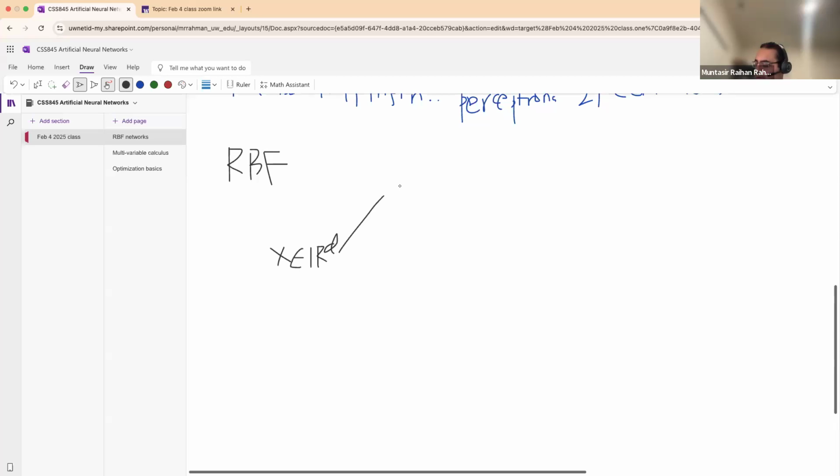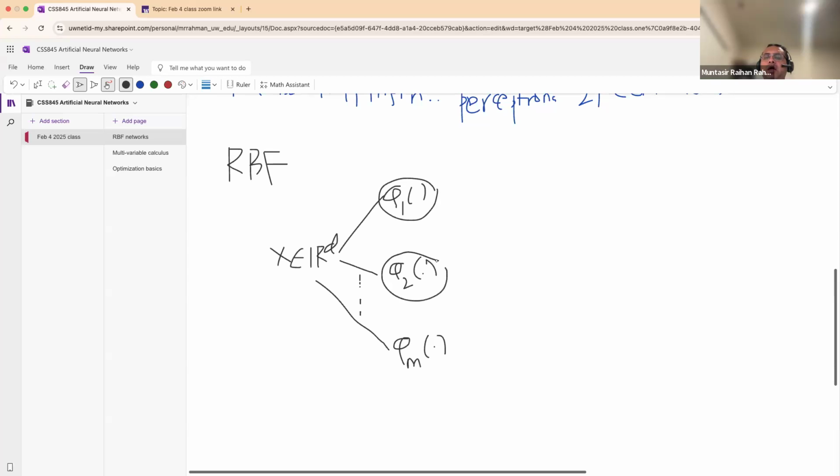So we have the function phi1, which corresponds to the first radial basis function, right? And then I have another one, which is phi2. And let's say I have m of these radial basis functions. So this is the mth radial basis function, right? And these are my single layer of neurons, and this is my input.